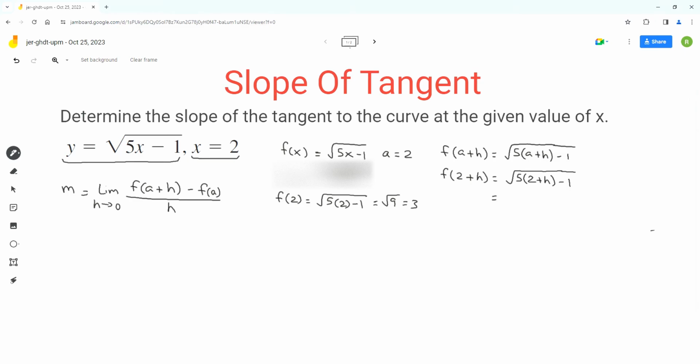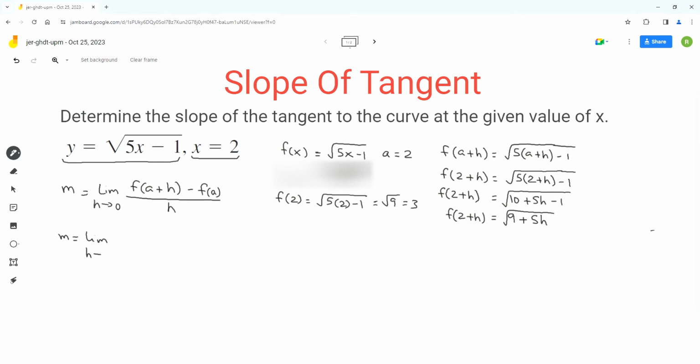We can distribute the 5, so we get 10 plus 5h minus 1, which can be reduced to just 9 plus 5h under the square root. So this should be the expression we should use in the formula for slope. In the next step, we can sub in the a value.